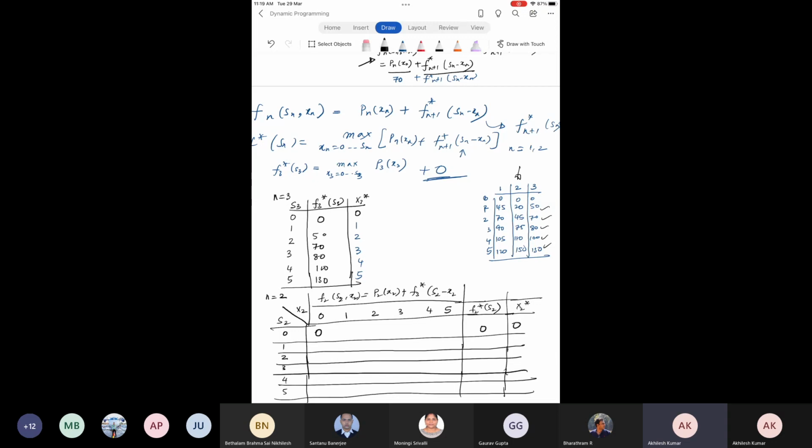If I allocate 0 teams, what would be my F2(S2, X2) value? 0 plus 0, 0. This means X2 equals 1 and this means X2 equals 0. If X2 equals 1, what is the profit I am getting? I am allocating one team: 20 plus 0, sir.